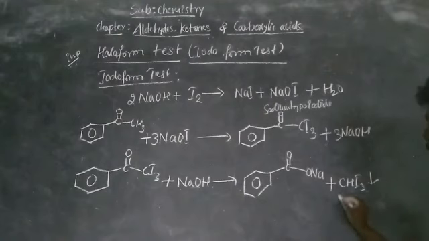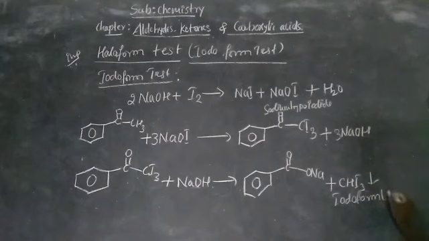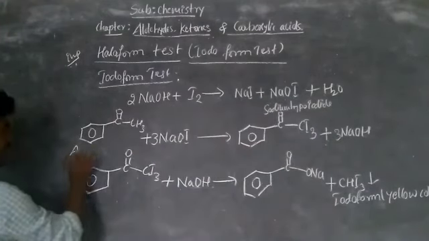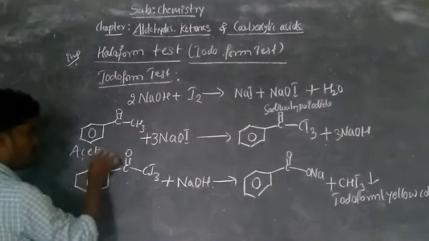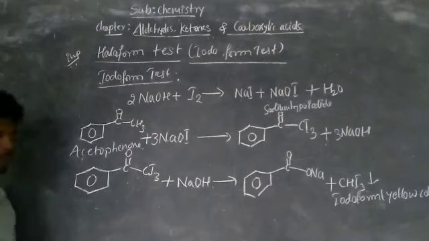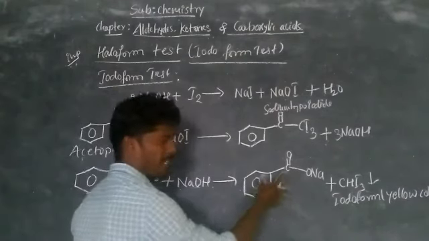This is iodoform. Iodoform is yellow in color. This yellow color shows that the given acetophenone has a methyl group. What is the name? Sodium benzoate.